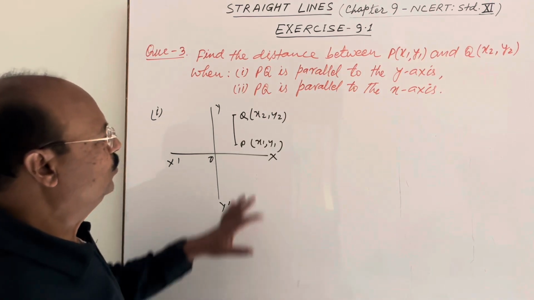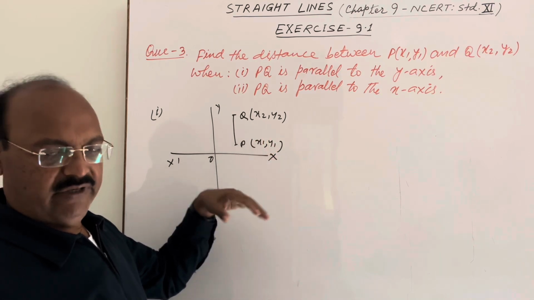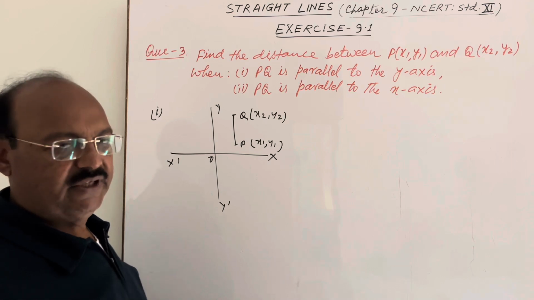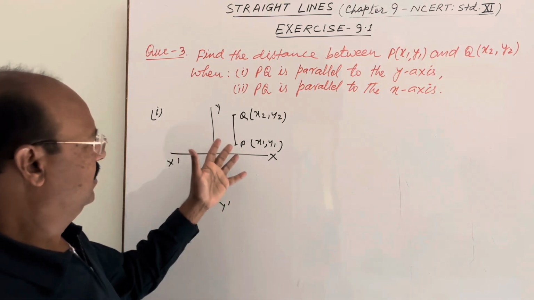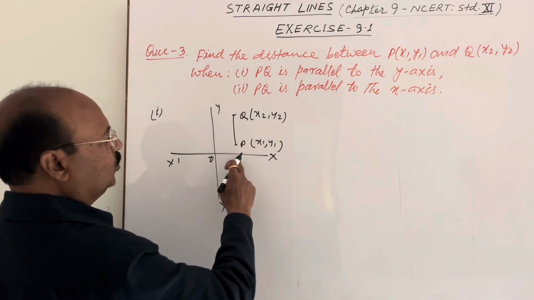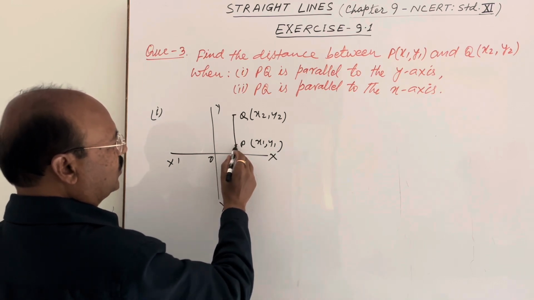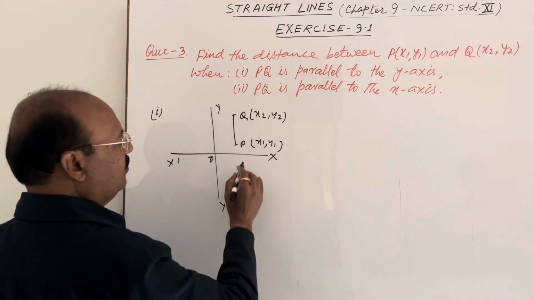So there are two methods of solving this question. First is the distance formula that we have discussed already in the video of introduction of this chapter. And second is very simple. First we are discussing it. As PQ is parallel to the y-axis, the x coordinates of these two points P and Q will remain the same, will be equal.